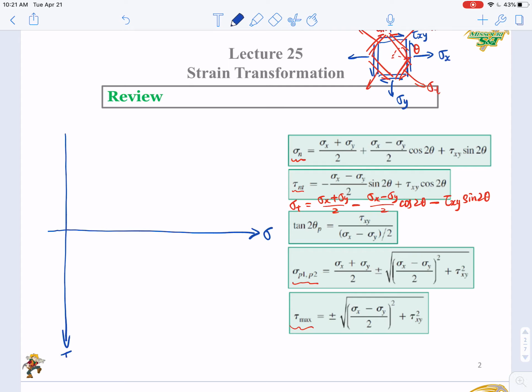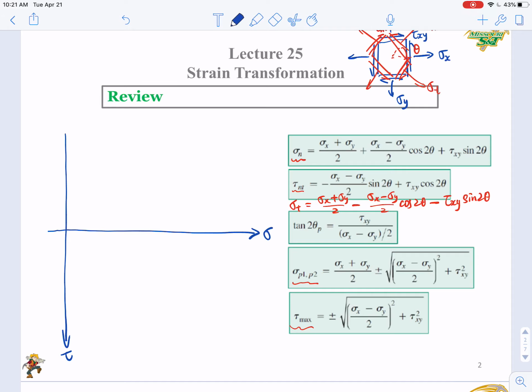Okay, so in this way, you can keep the direction of rotation consistent with the stress element. So it has its advantage, but you can do it either way, just depending on your understanding.